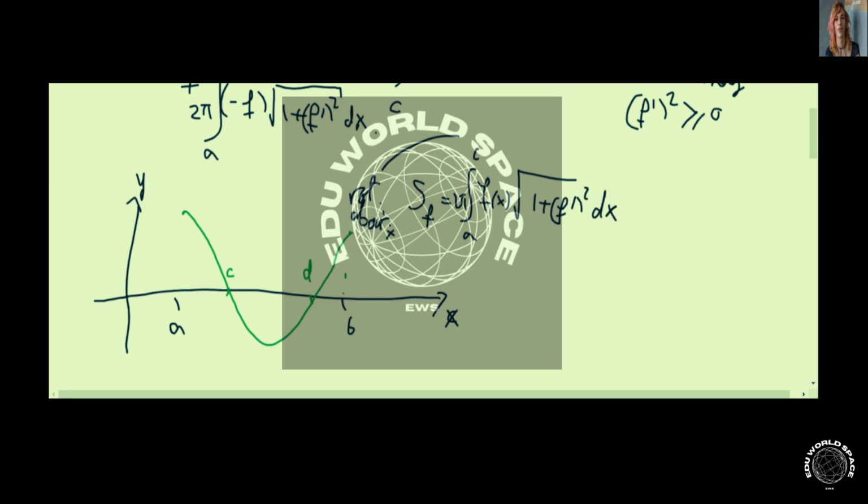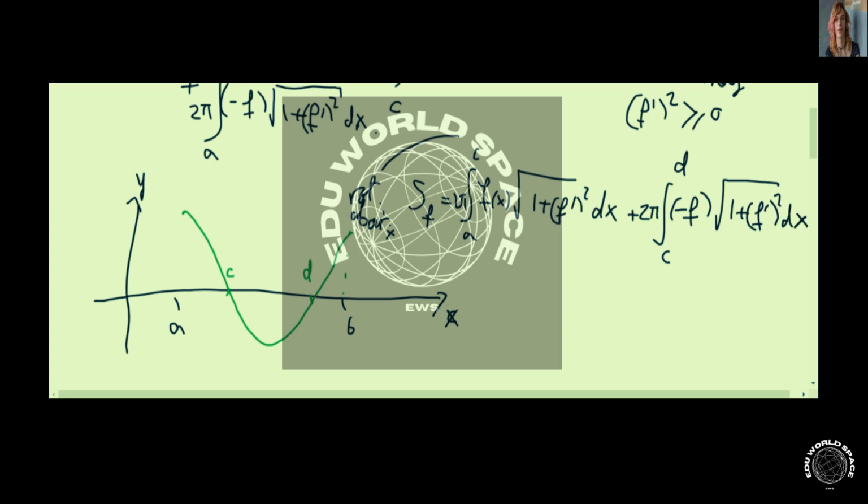And then between C and D we have to flip the sign of f, so 2 pi times minus f from C up to D of the square root of 1 plus f prime squared dx.